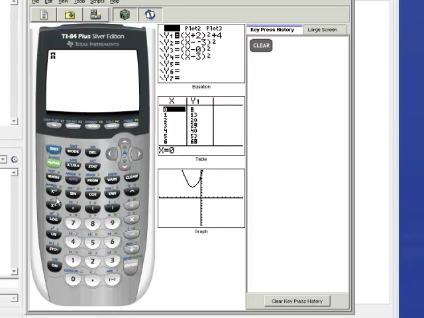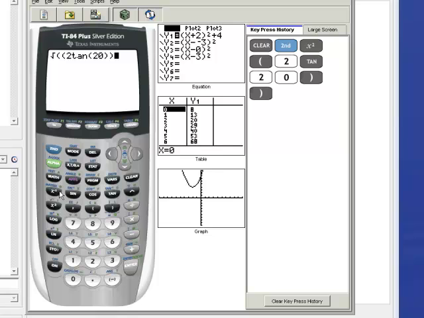Okay, it says square root of x squared plus 4, but then it said substitute 2 tangent theta in there. So I'm going to do 2 tangent of some number here, 20. And square this one here. I'm pretty sure that I closed the parentheses correctly.